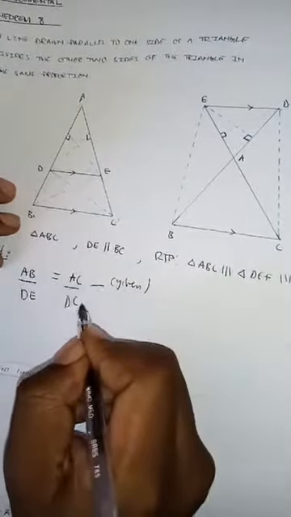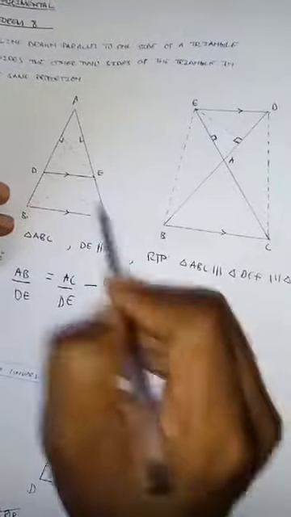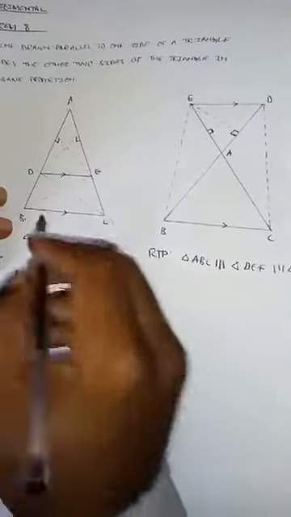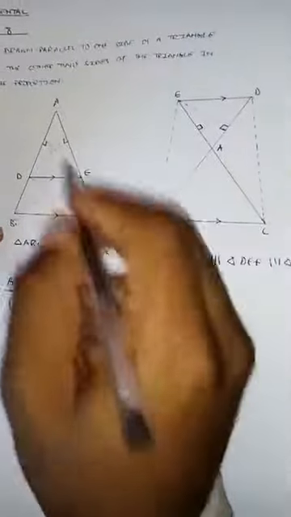I want to say DE... C actually over BC. This should be BC. AC all over BC or DE.